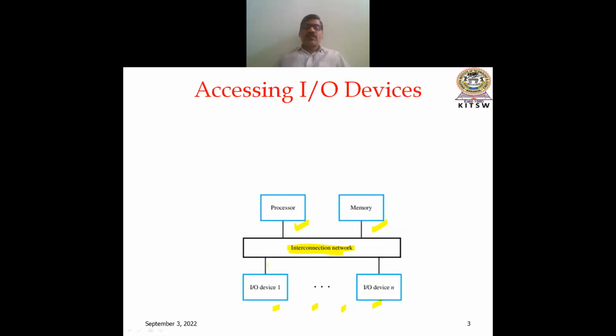These are what we call an IO interface. This is called a memory interface. This IO interface is used to connect the IO device to the processor via a network. Like that we make use of IO device interfaces as well as the memory interface, and we connect these IO devices and the processor with the memory.